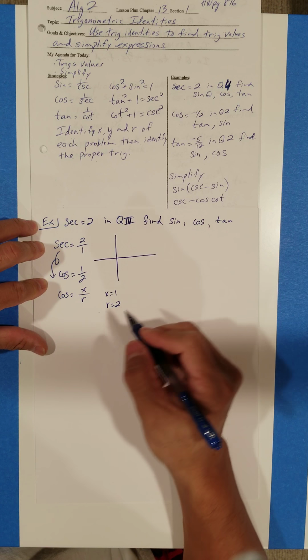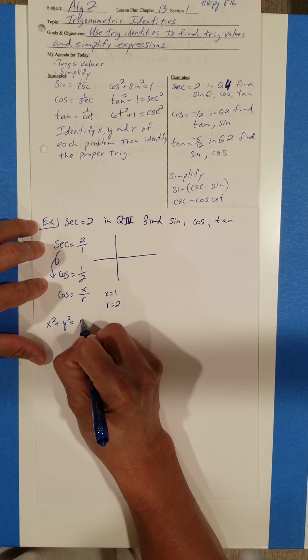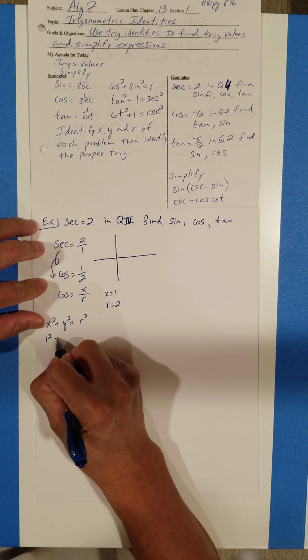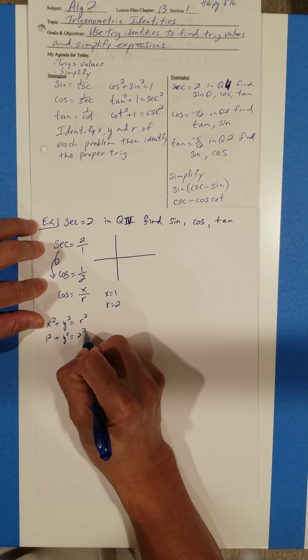Good. Pythagorean theorem: x squared plus y squared equals r squared. 1 squared plus y squared equals 2 squared. So 1 plus y squared equals 4. Bring the 1 over. Y squared equals 3. So y equals plus or minus square root of 3, because every time we square root, we have to use plus or minus.